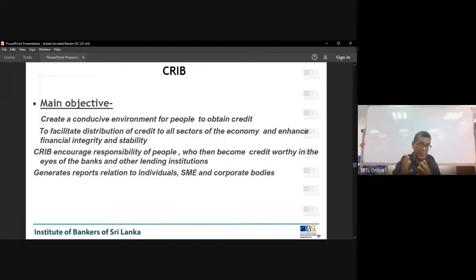So having understood the credit rating, we are now going to discuss a little bit about the CRIB, right? CRIB plays an important role for us, for bankers who are involved in credit. But what is the main objective of the CRIB?